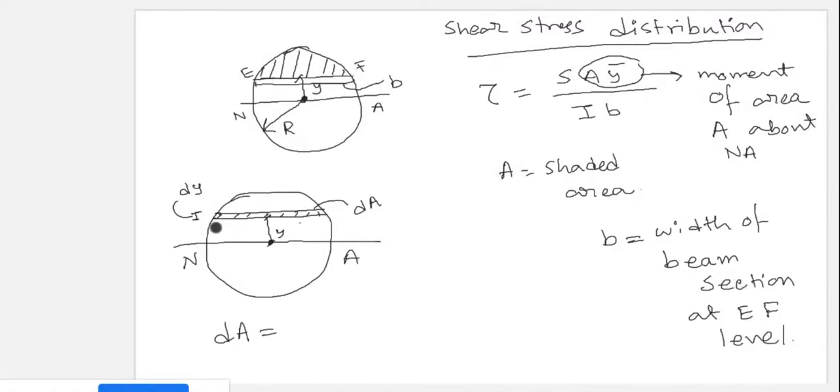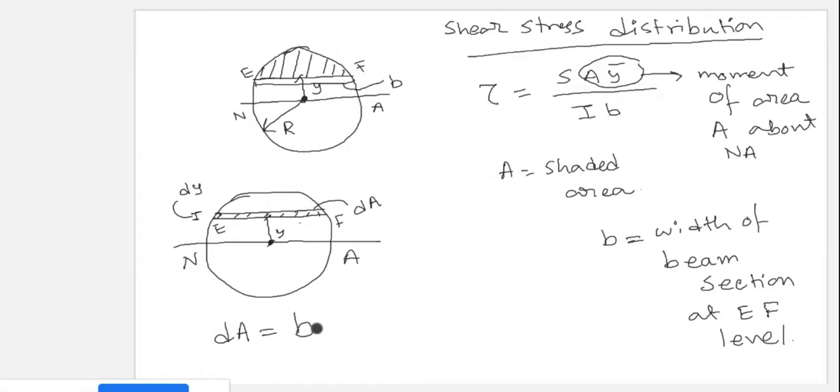Now this is the elemental strip we have considered at the EF level, because this is also y distance away, whose area was dA and the height was dy. So what will be the area dA?